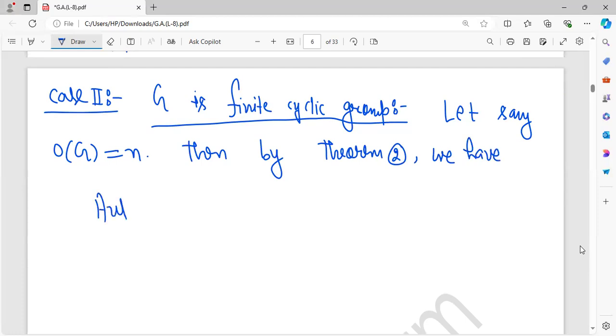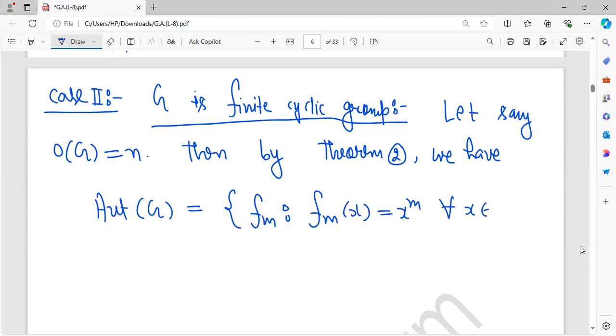The automorphism group of G is nothing but F_m such that F_m(x) is equal to x to the power m for all x belongs to G, where m is in this range and GCD of m and n is equal to 1. It means m is relatively prime to n.